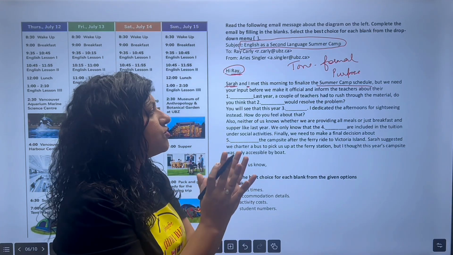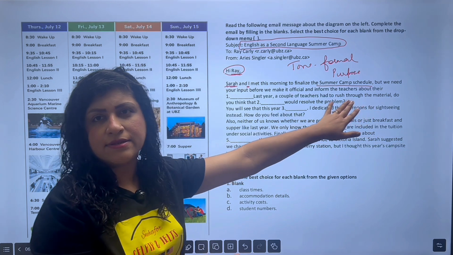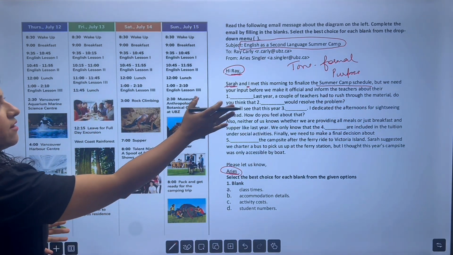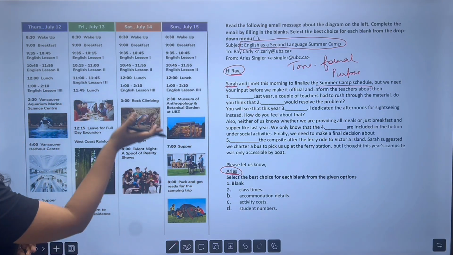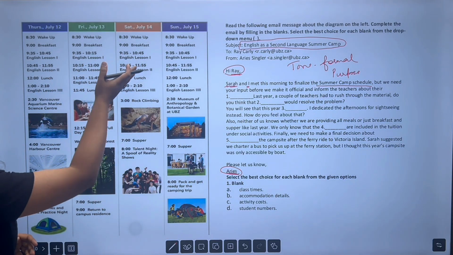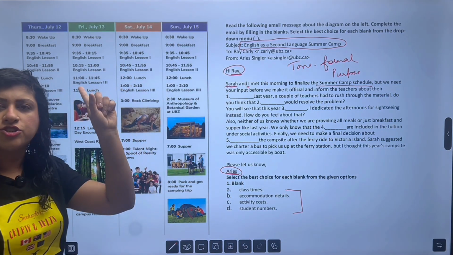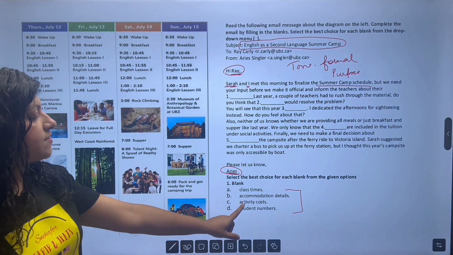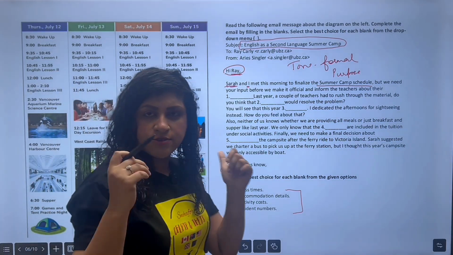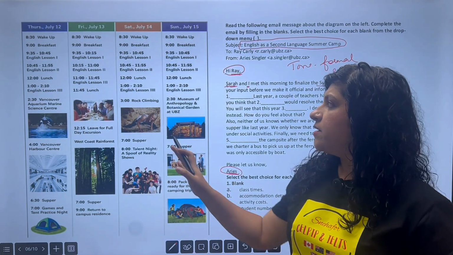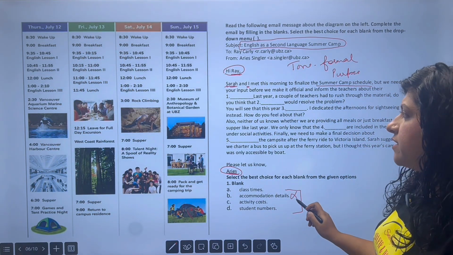They will inform the teachers about the summer camp schedule, right? And what is there in the summer camp schedule that is correct according to these 4 options given for question number 1? Is it class times, accommodation details, activity costs, or student numbers? As you can see from the diagram, the visual is not about accommodation details.